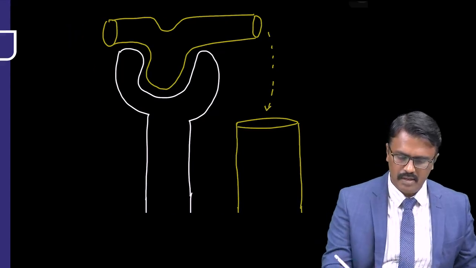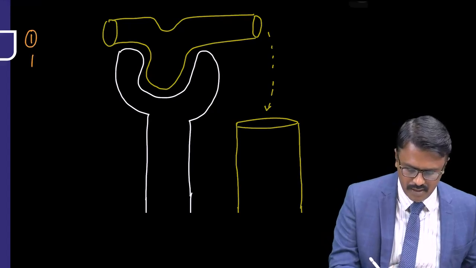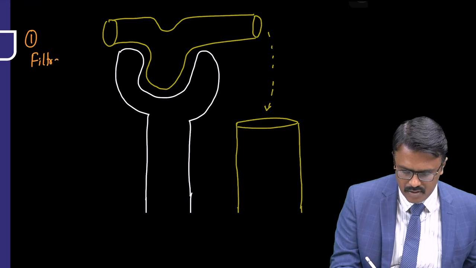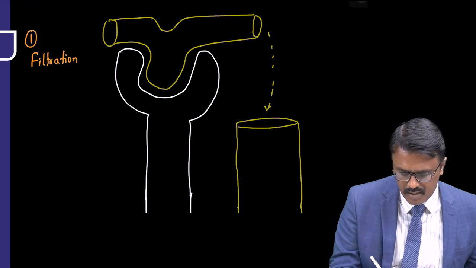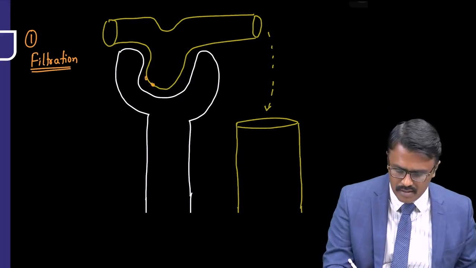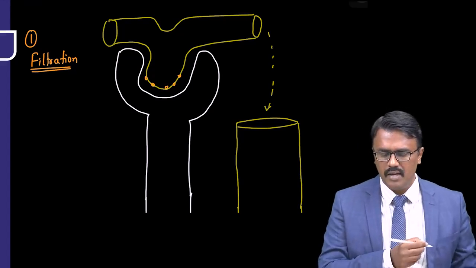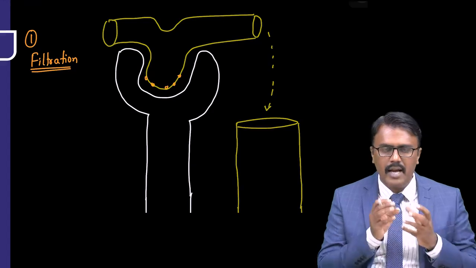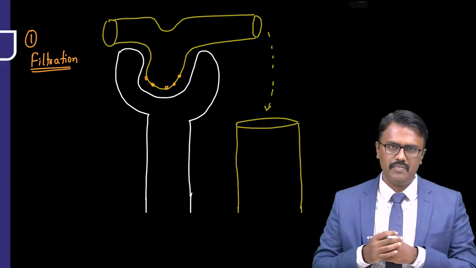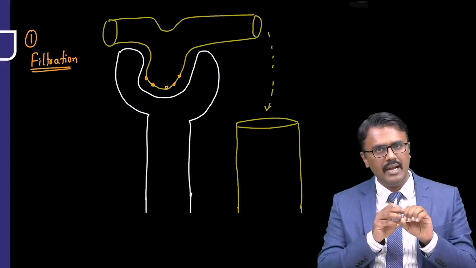The first step, when the drug enters the nephron, is the process called filtration. So what do you mean by filtration? It is nothing but there are small gaps in these blood vessels as well as in the nephron. Now in those small gaps, the drug has to go out. Now what is the rule? If it is very small, which drugs can enter easily?